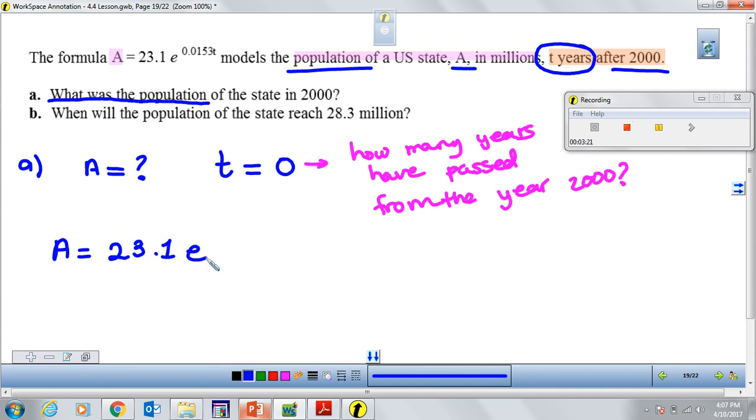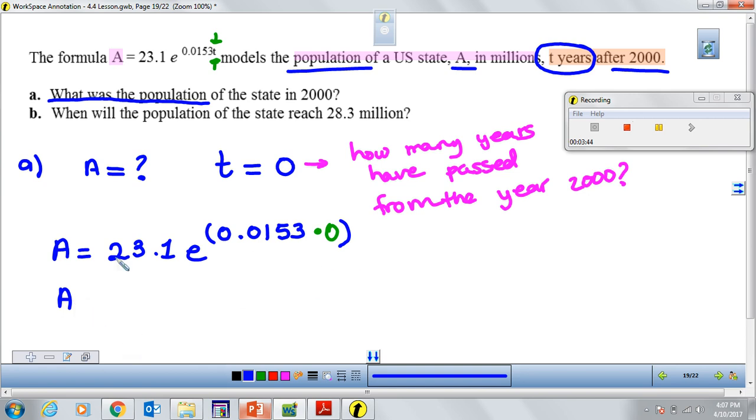23.1 times E is part of the formula that was given to us. It was also raised to this exponent, but now the difference is that here, into the time, you're going to replace the number 0. So we're multiplying this number times 0. This dot in green that I put is not a decimal point, it's a multiplication symbol.